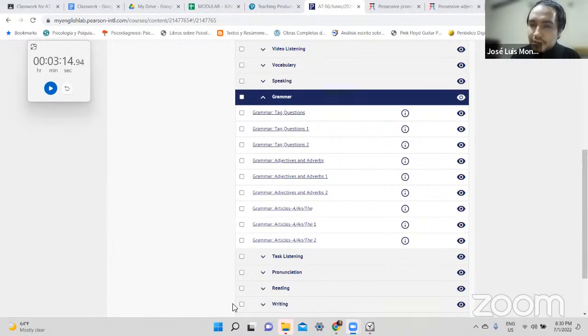Then what we're going to do here, I'm just going to give you one situation for each one, okay? One for tag questions, one for adjectives and adverbs, and one for articles. And you're going to try to tell me what is the correct one and try to explain, and then that's it. After that, you're going to be practicing by yourself. All right, let's do it.